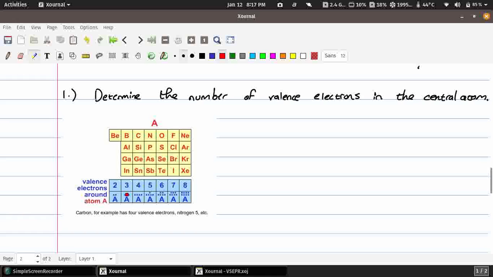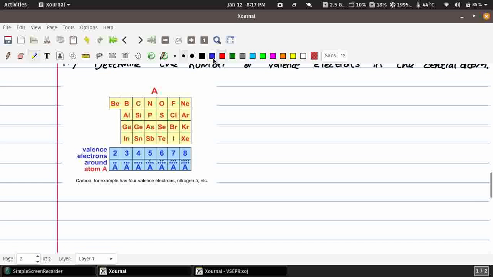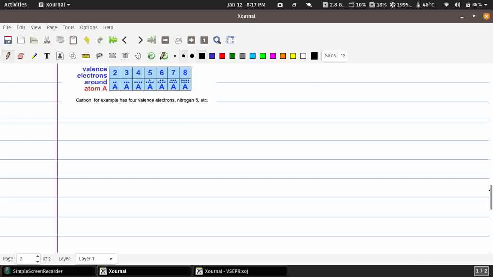Group 3, 3 valence electrons, 4, 5, 6, 7, so on. So the first step is just determine the valence electrons in the central atom. You're kind of going to be doing the same thing for your attachments, but anyways.